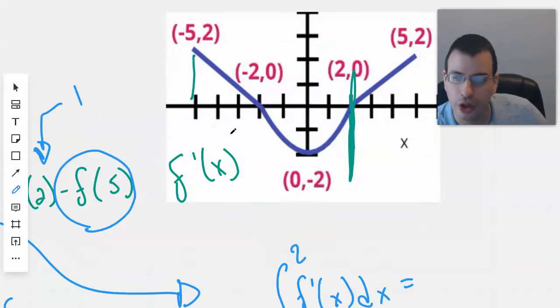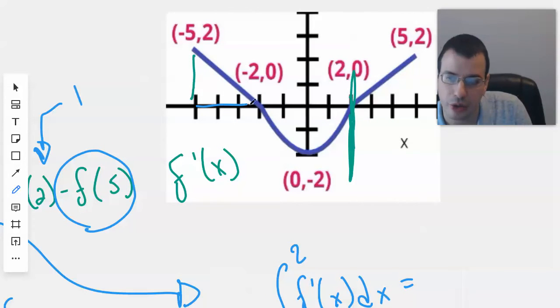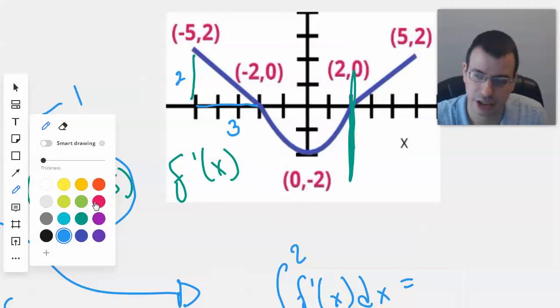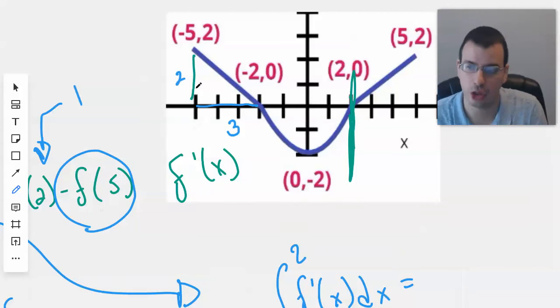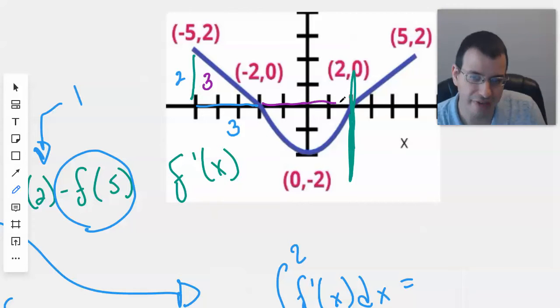So right here we will have, that's what, 1, 2, 3 by 2. 2 times 3 is 6. 6 divided by 2 is 3. So the area of this triangle will be 3. Here we have a half circle.